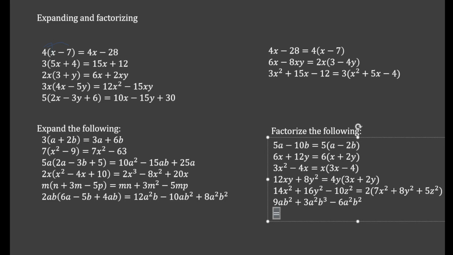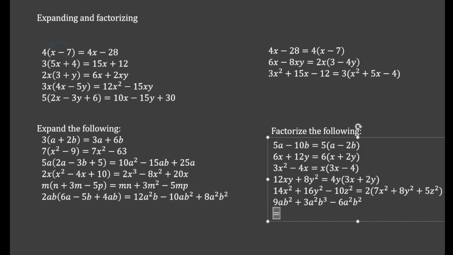Now, here's the thing. Yes, 3 is a factor of all of them. A is a factor of all of them. AB is a factor of all of them. But what we want when we factorize is the highest common factor. If you were to just put 3ab, you would still have a common factor inside the bracket, which would be another b.